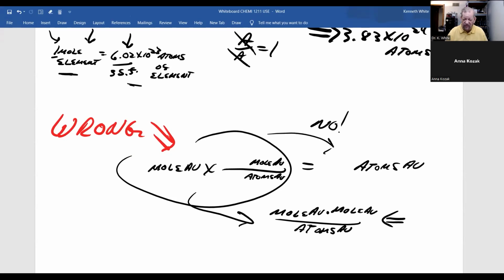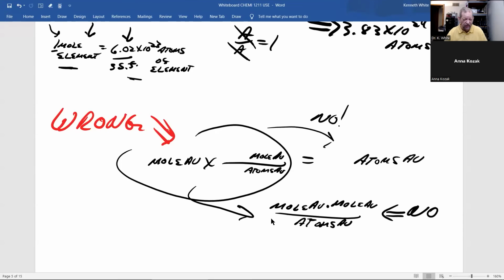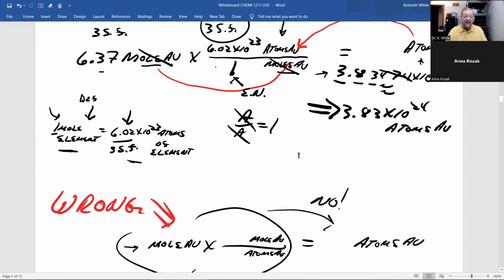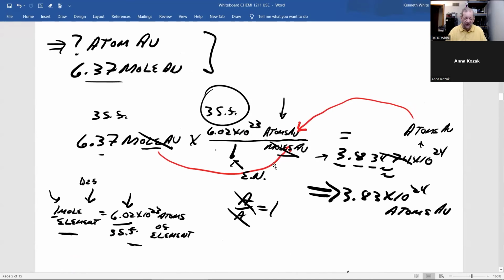Moles of Au times moles of Au? And the answer is no. This also shows you that when you look at your units, that's why it's called unit analysis, analyze what cancels out, you'll see that's wrong. And this one is correct.